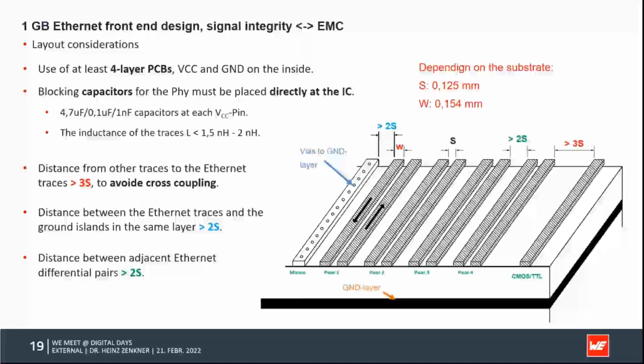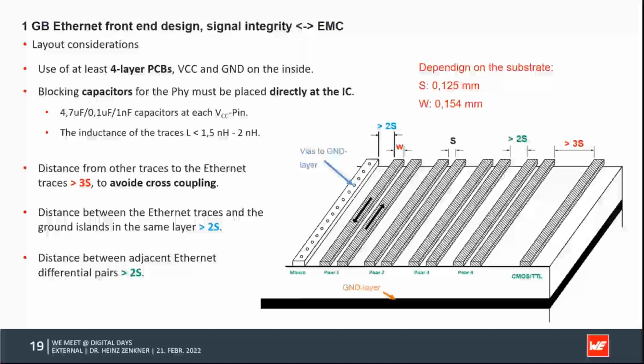And this is already the problem, because the PHY is a highly integrated circuit, so you have to place them underneath, which means 6 layers will be the minimum you need here. 4 layers for the signal integrity, but 6 layers should be better to place all the capacitors as needed.